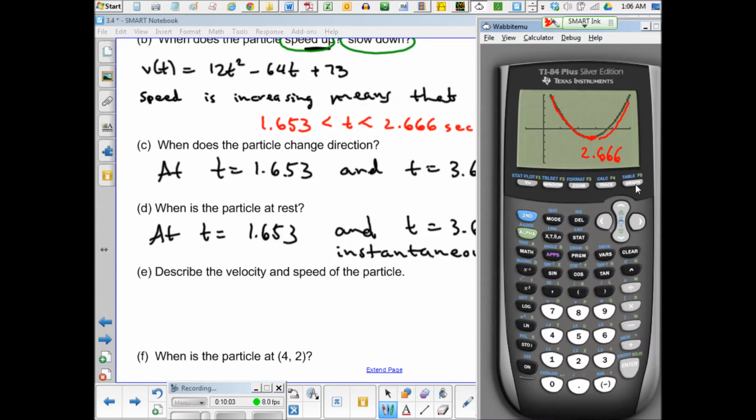So we can write that. This portion was above the x-axis, so the velocity was in the positive direction, but it was decreasing. So the velocity was positive but decreasing until the 1.653.